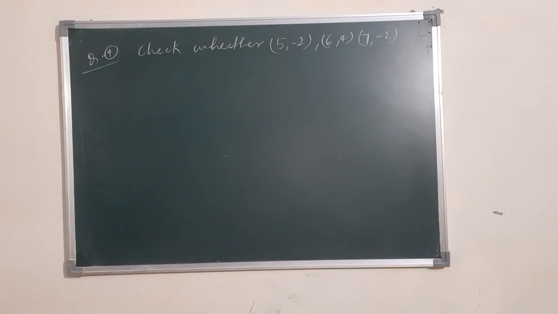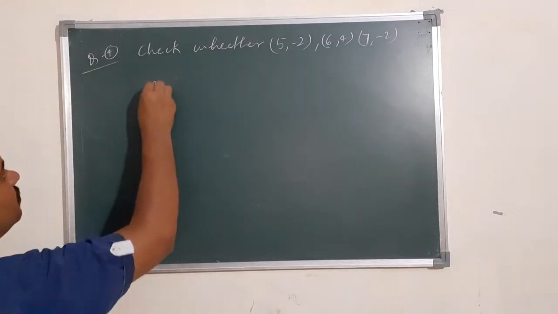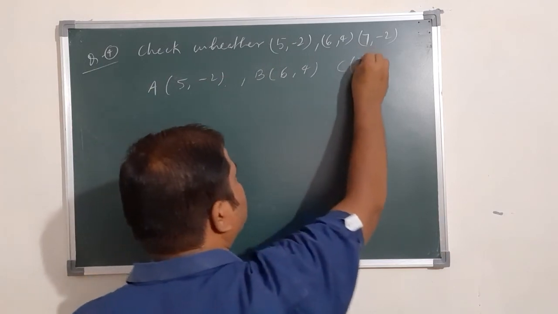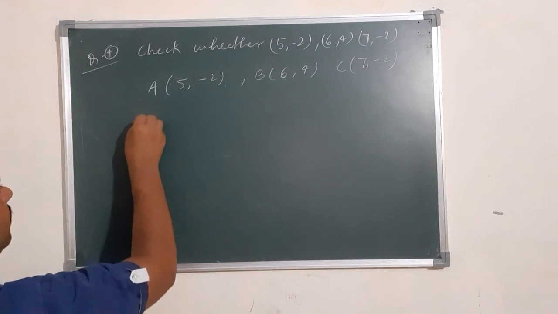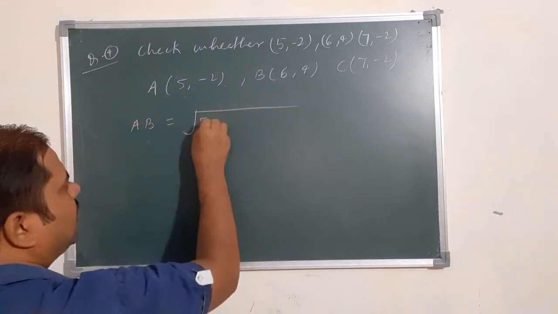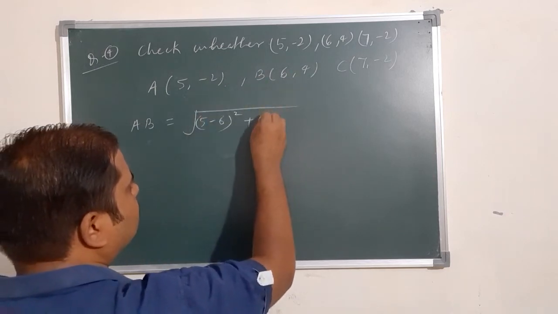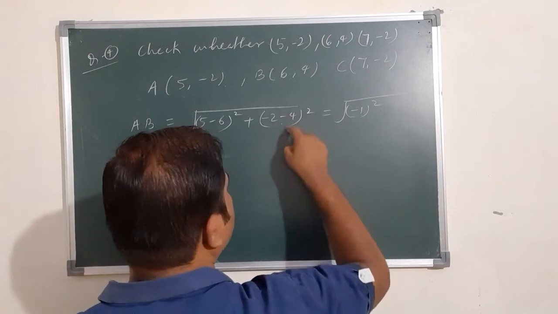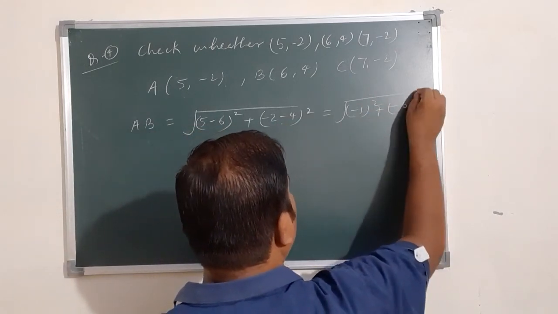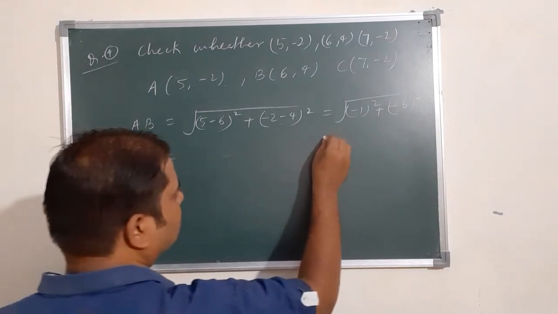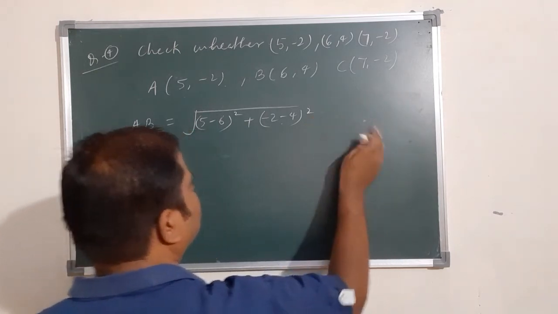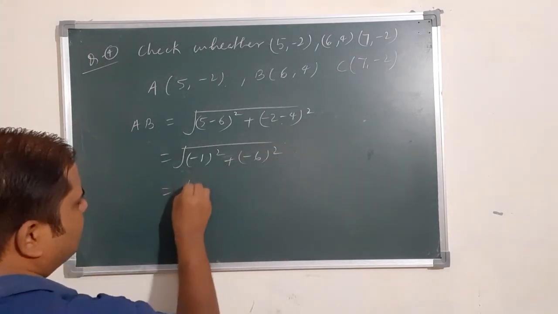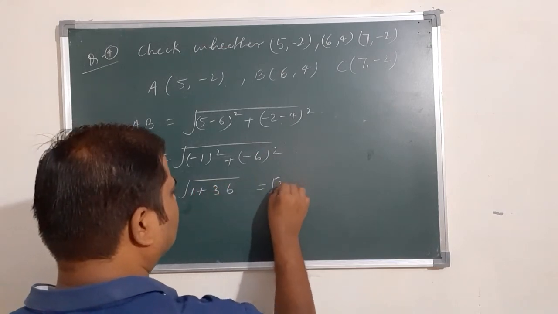Suppose A is (5, -2), B is (6, 4) and C is (7, -2). AB is the root of (5 minus 6) whole square plus (-2 minus 4) whole square, that is (-1) whole square plus (-6) whole square, which is 1 plus 36, root of 37.